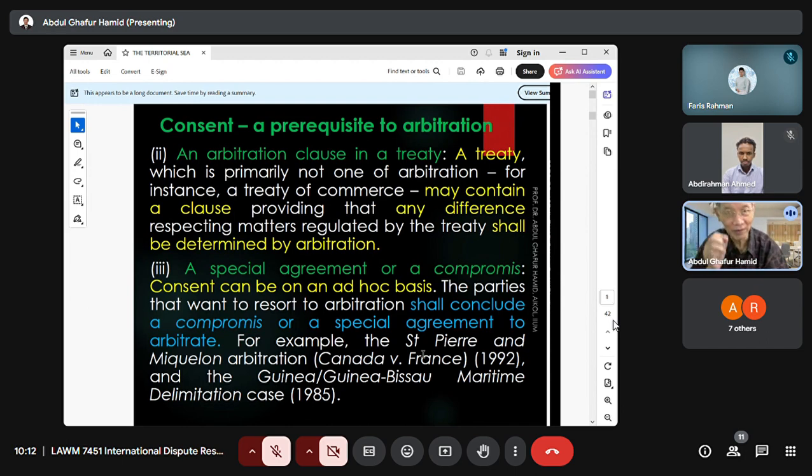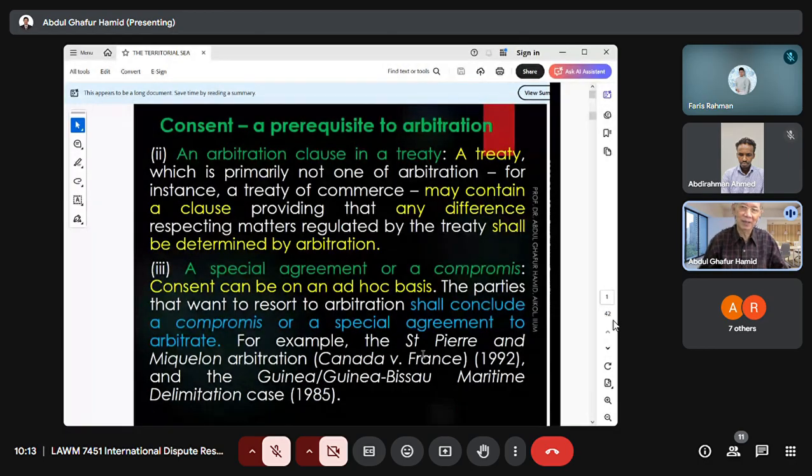We call it an arbitration clause in a general type of treaty. Whatever type of treaty, it doesn't matter. The only thing is that there must be a clause in the treaty which provides that if there is any dispute over the treaty, then the parties shall submit to arbitration. That is the second way.